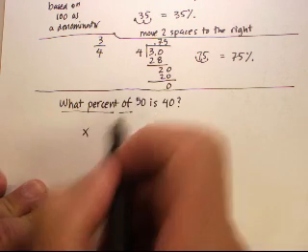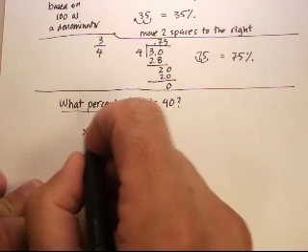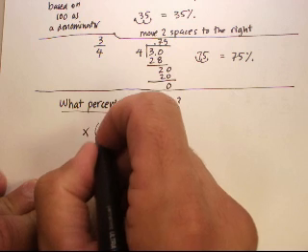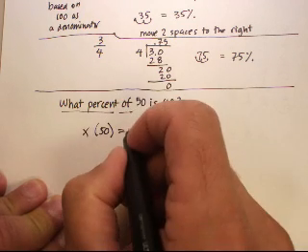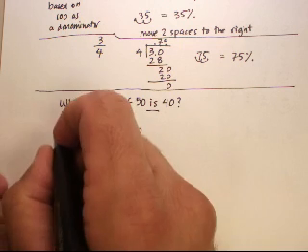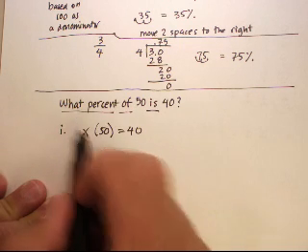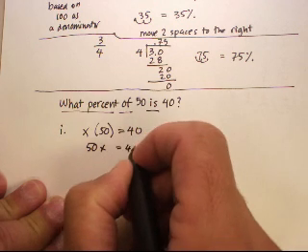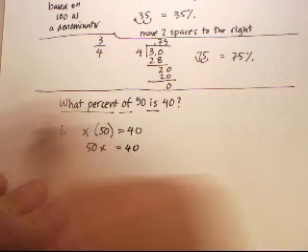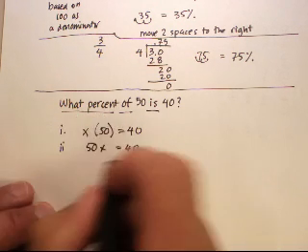Of, in this particular case, means multiplied. So what percent of 50 is, translate, 40. So essentially what you've done is said 50 times x is equal to 40. Go ahead and now solve that mathematically.